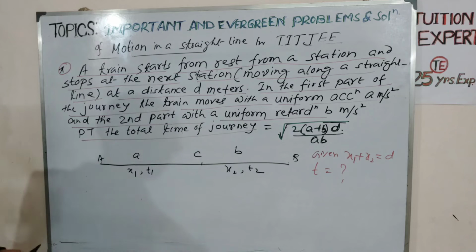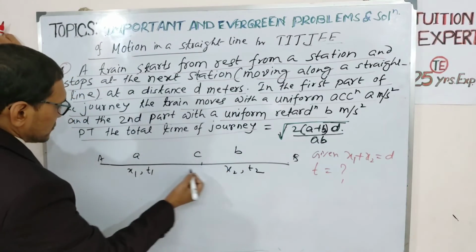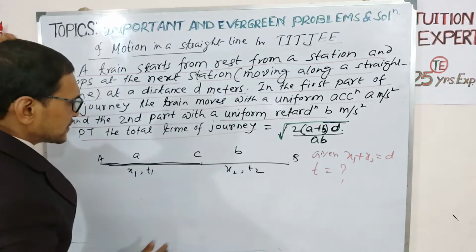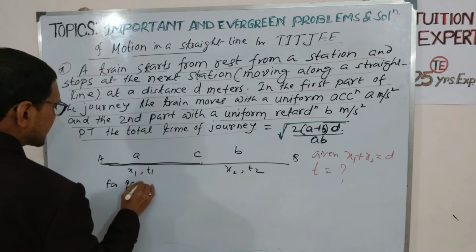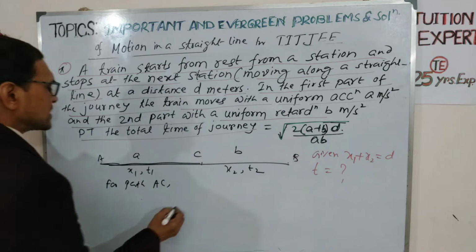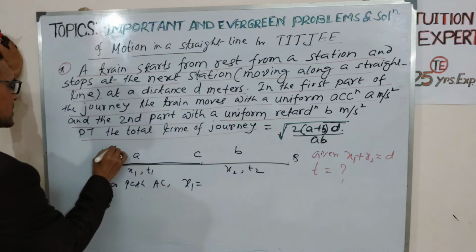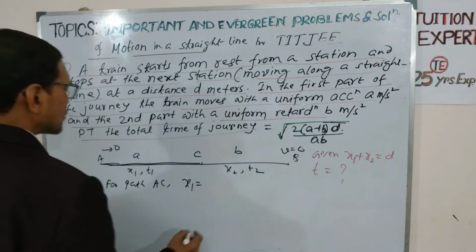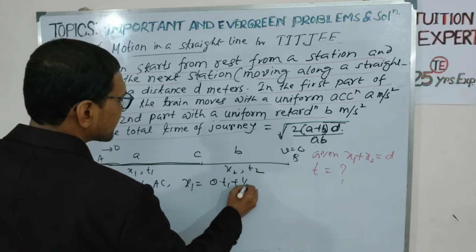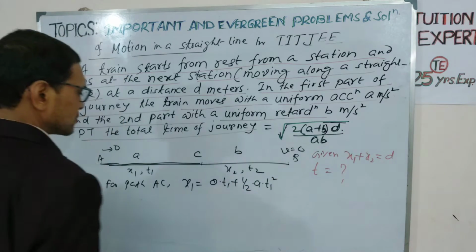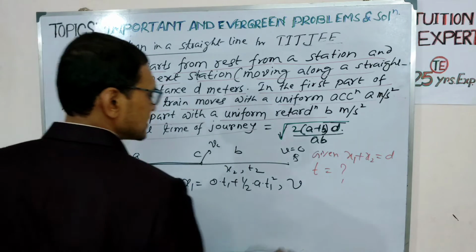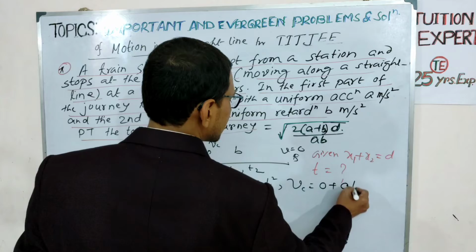How will this problem be solved? To solve this type of problem, first we write the equation for each part. For path AC, the equation is x1 equals ut plus half a t1 square, with initial velocity 0. Also the velocity at C, vc, equals 0 plus a t1.